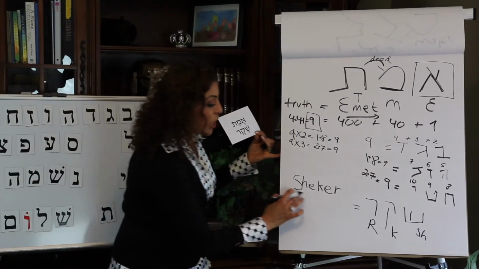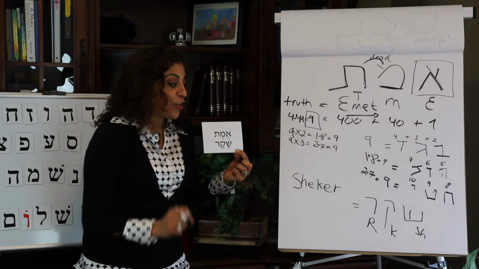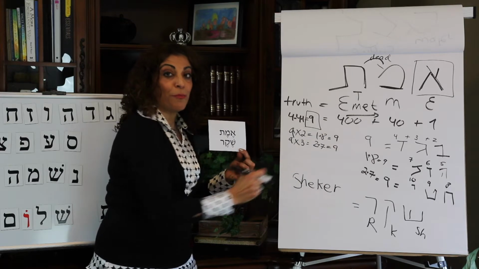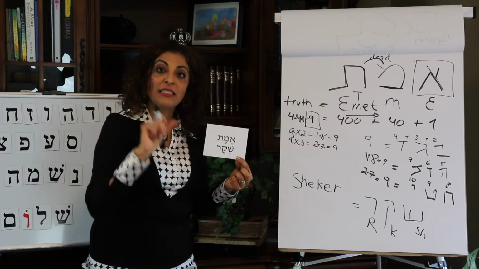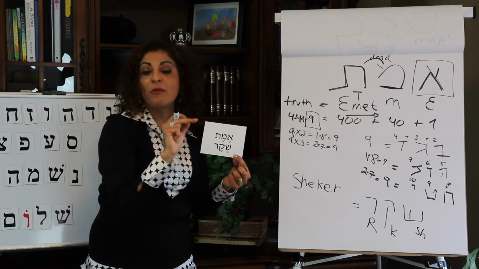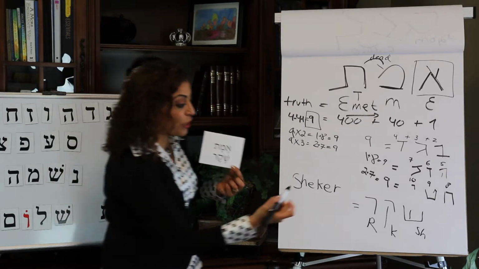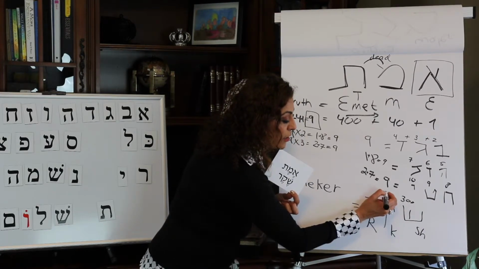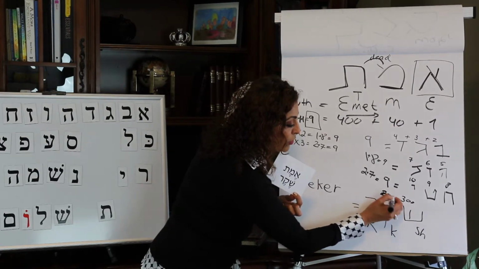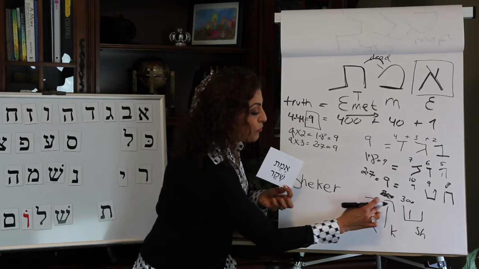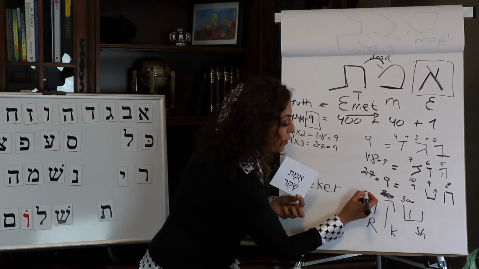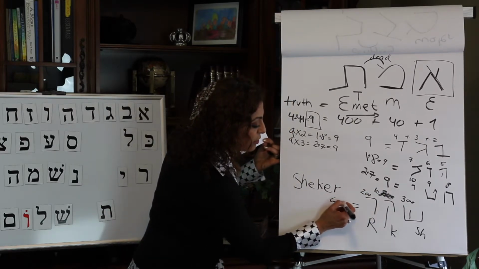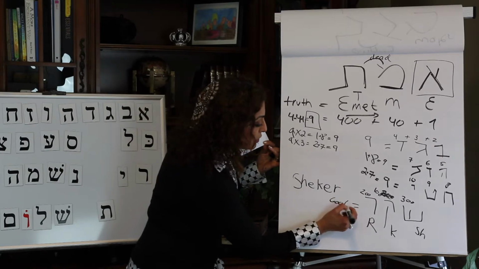If you take sheker, you get the value of not 9, but of 6. And 6 is everything but not truth. Okay, so let's look at it. Shin is 300. Kuf resh. Kuf is 100 and resh is 200. And what do we get? 600. 6 plus 0 plus 0 equals 6.